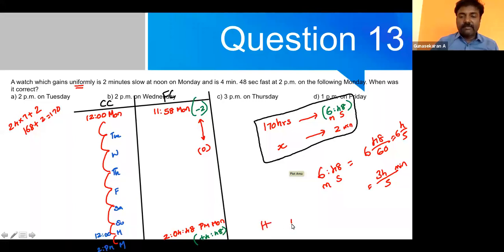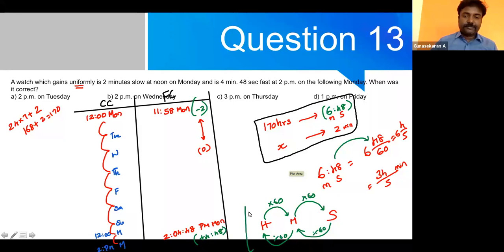See, hours, minutes, seconds: this conversion you have to be clear about. Hours to minutes, minutes to seconds, you have to multiply by 60. Seconds to minutes, you have to divide by 60. Minutes to hours, you have to divide by 60. I'm dividing by 60 because I am converting seconds to minutes. Please be careful with this conversion.